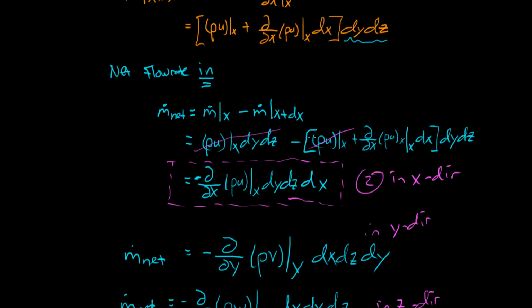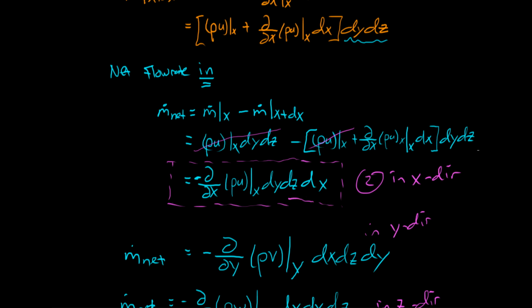So we have all of this business that we just came up with here. And what's nice is you can see this term, rho u dy dz, cancels with this term, rho u, and we're left only with the negative d by dx of rho u times dx. And conveniently now you have a dx, a dy, and a dz that all showed up.